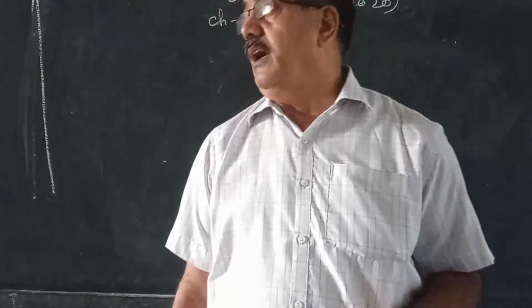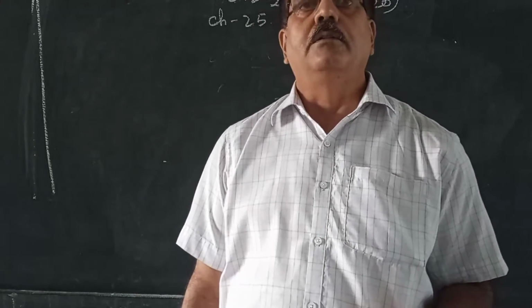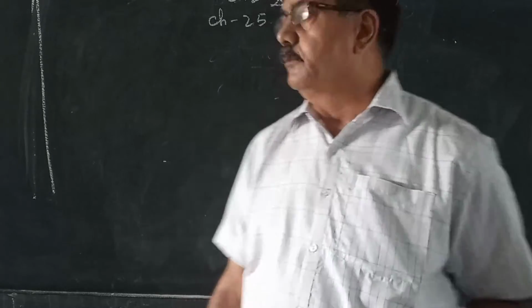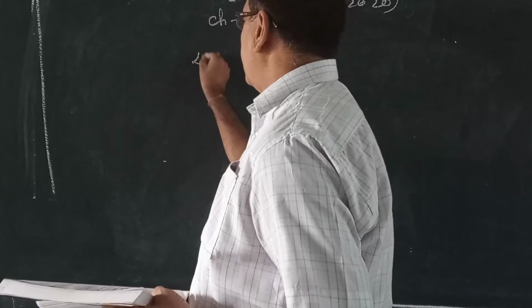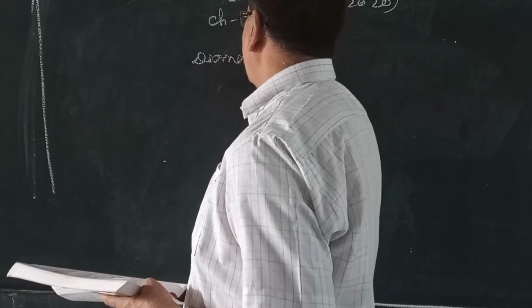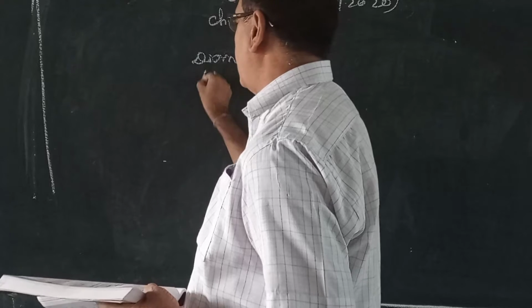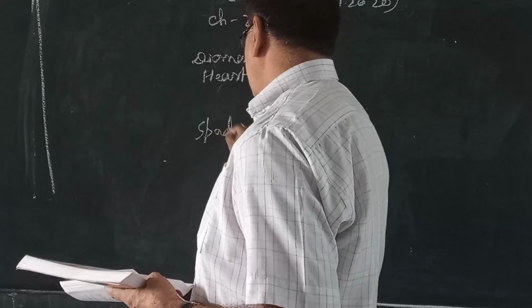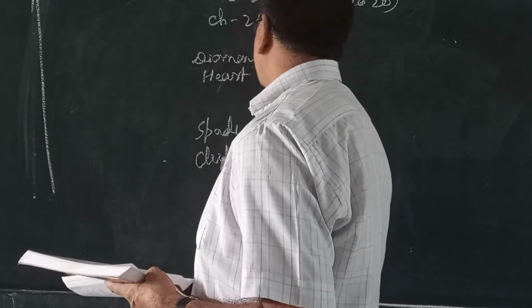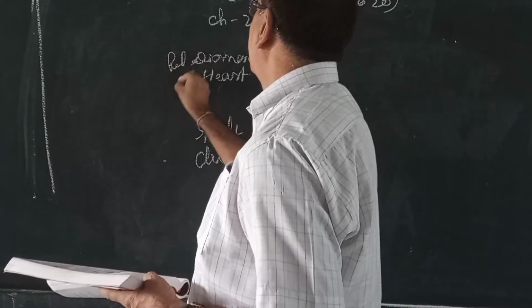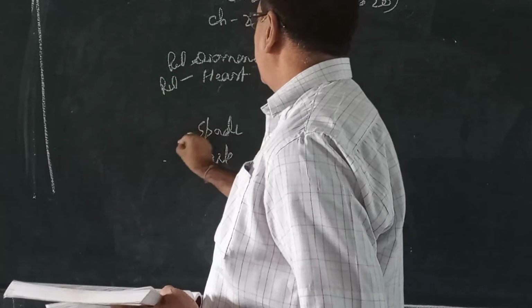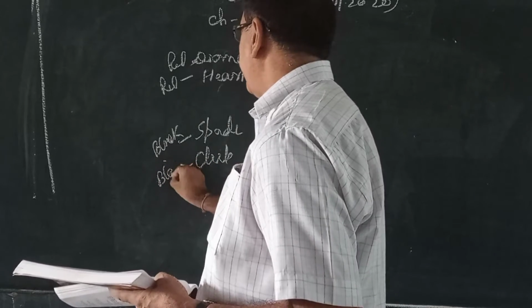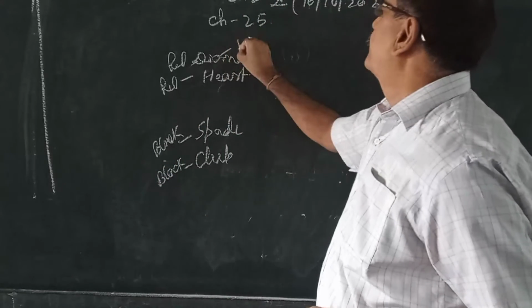So, last class I explained to you about the playing cards. Playing cards have 52 cards in total: diamond, heart, spade, and club. Two are red in color, and two are black. Each suit contains 13 cards.